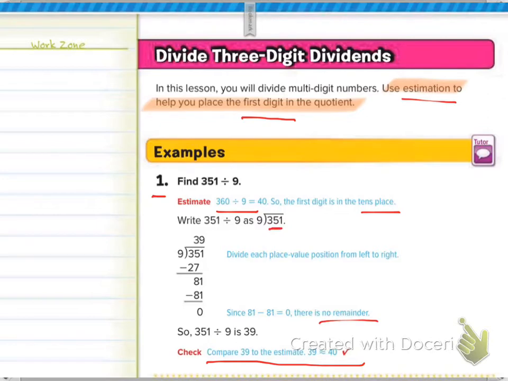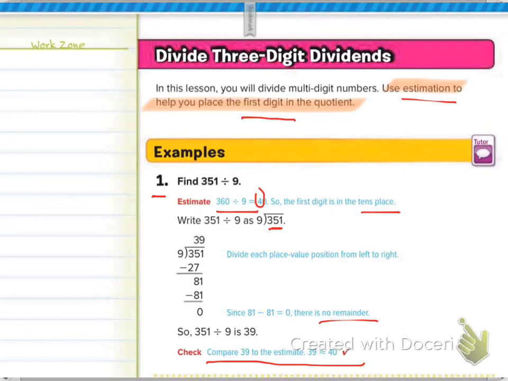We can round 351 to 360 because 9 can go into 36. 9 goes into 36 how many times? 4 times. Perfect. So we know our first number should be close to the number 4. It's not going to be anything higher, but it could be lower.